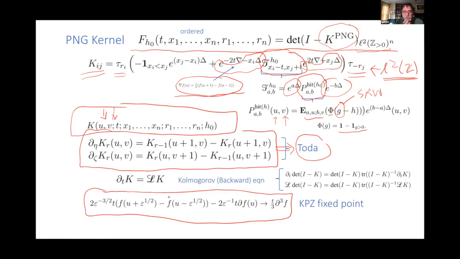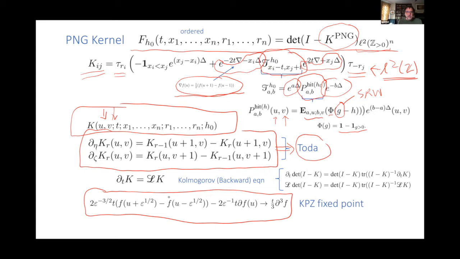And then you can also wonder why on earth the determinant of I minus K would actually give you the transition probabilities. Well, that could only be true if these Fredholm determinants actually satisfied the Kolmogorov backward equation for the Markov process.